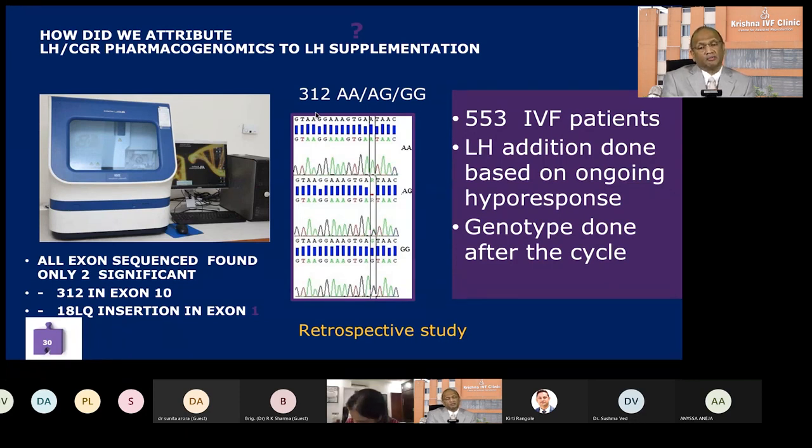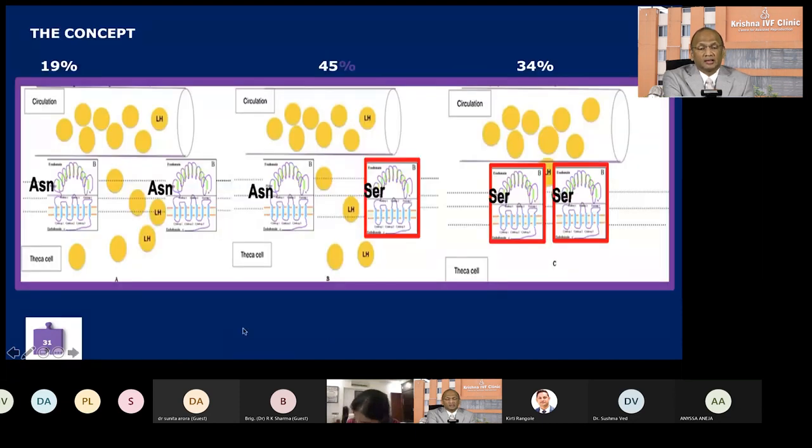Even though it has 500 polymorphisms, only 3 are important, of which 2 are significant. And we found in those 2, only exon 10 position 312 makes a difference. That means in LH-CGR exon 10 position 312, if there is a change in the base pair of A by A and A by T replaced by T, then it makes a difference.